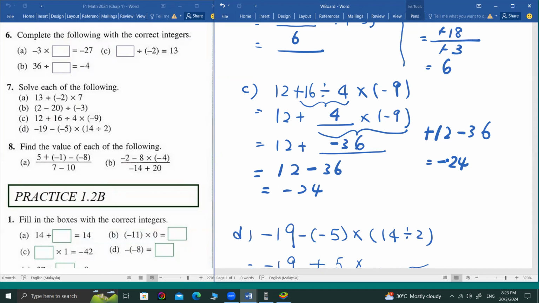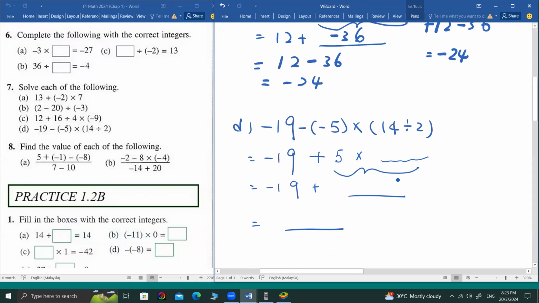Got it? Next, D. 14 divide 2, that I get 7. 5 times 7 is 35. Again, can you see different signs? Different signs, you find the difference. 19 and 35, what is the difference, class?